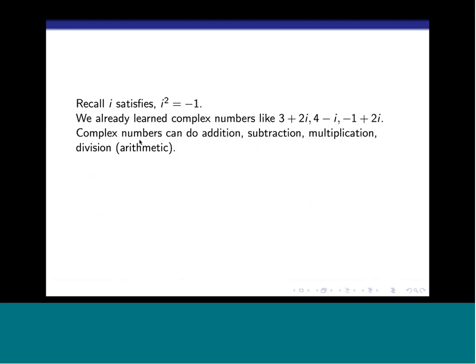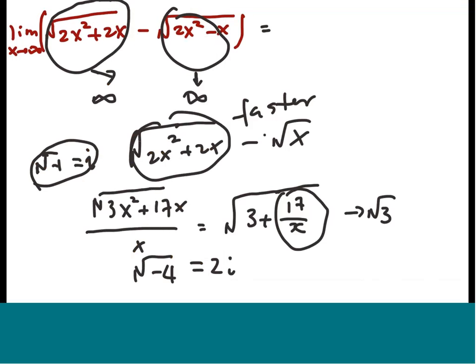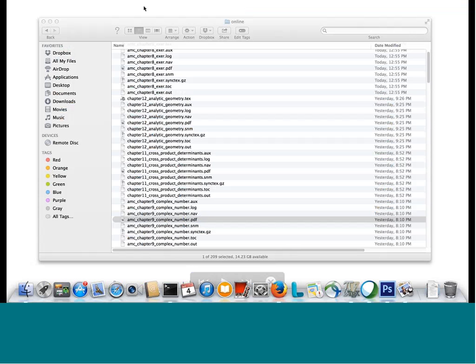Let's just try to see if you forgot or not. What is (1 plus i) squared, for example? It equals 1 plus 2i minus 1. So 2i. Good. Still remember.